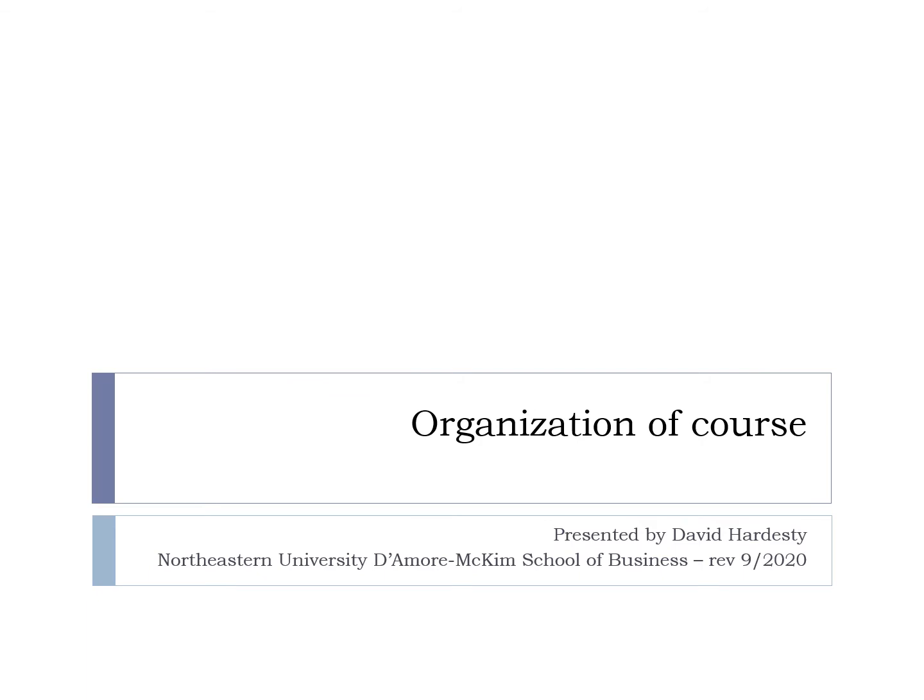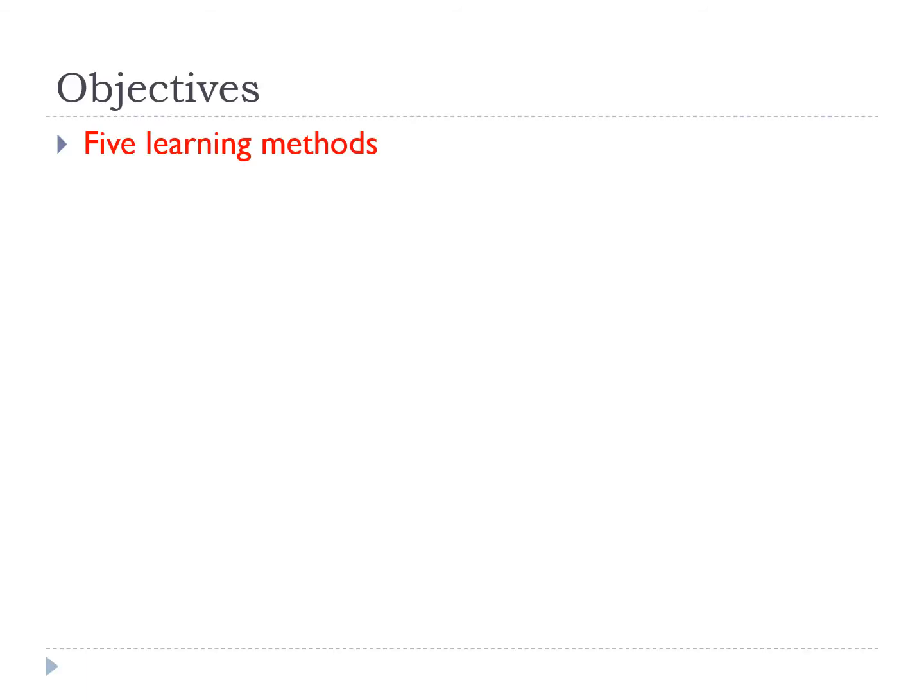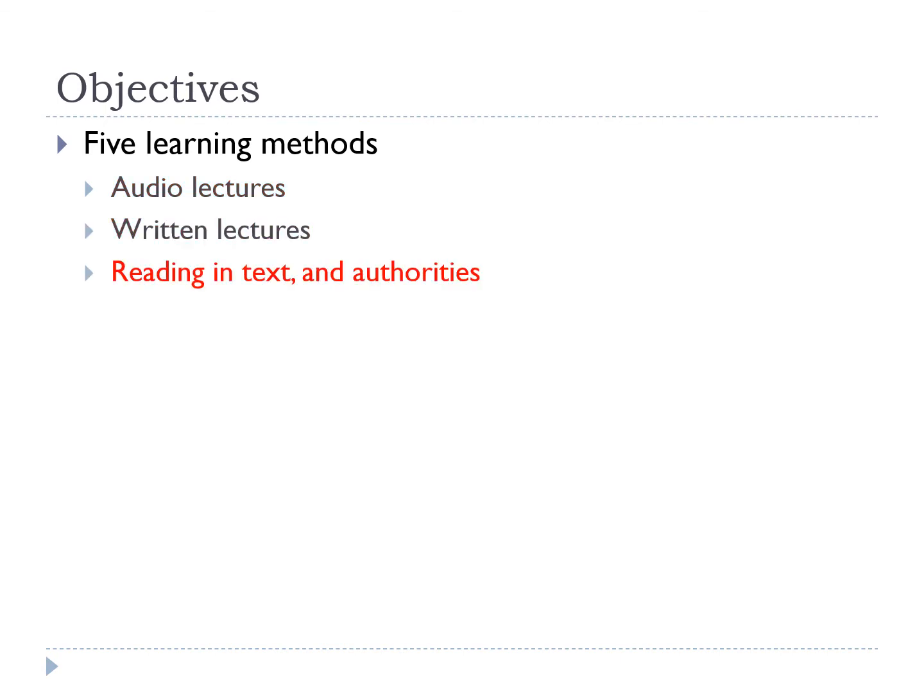is expected of students. The objectives of this lecture are to understand first the 5 learning methods used in this course. These methods are as follows: audio lectures, written lectures, reading in the text and in authoritative sources, primarily the Code and Regulations, quizzes, and discussion problems.